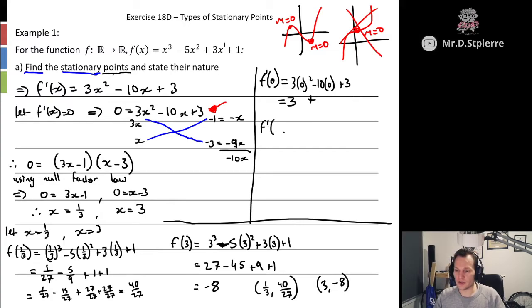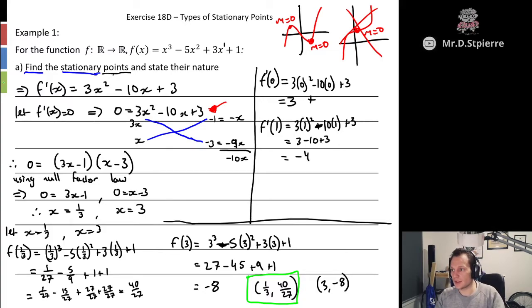So f dash of, and again we're going to pick a number to the right of 1/3 because we're dealing with this coordinate point at the moment. To the right of 1/3 would be just 1. 1's a nice easy number to pick, so we get 3 by 1 squared minus 10 by 1 plus 3. 1 squared is 1, times by 3 is 3, minus 10 plus 3, so we get negative 4.